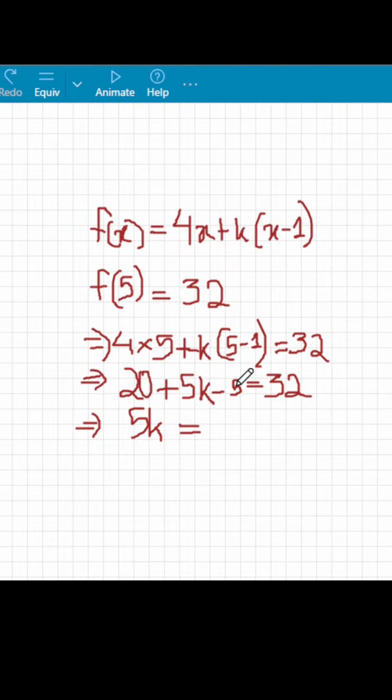So this will be 5k minus k, and that becomes 4k.